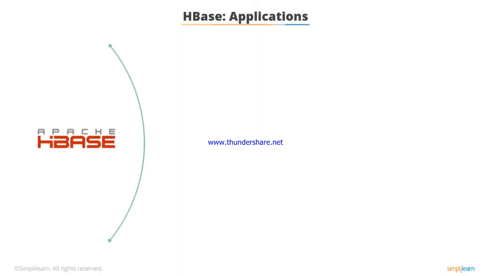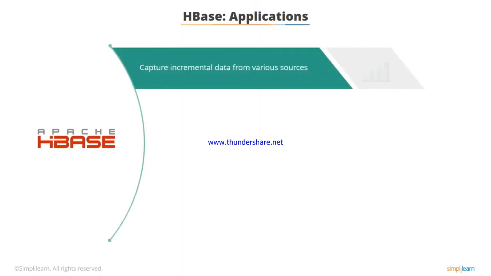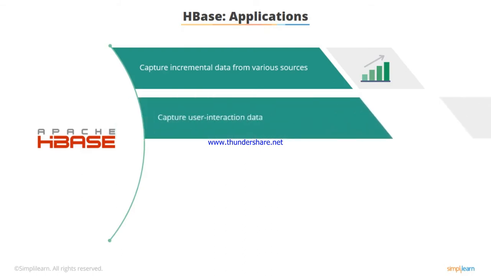HBase is used to capture incremental data from various sources such as web crawls, advertisement impressions, and time series generated from recording metrics. It captures user interaction data such as metrics on site activity, metrics captured from monitoring the product, metrics on user interactions with the product, and number of likes or clicks on a site.